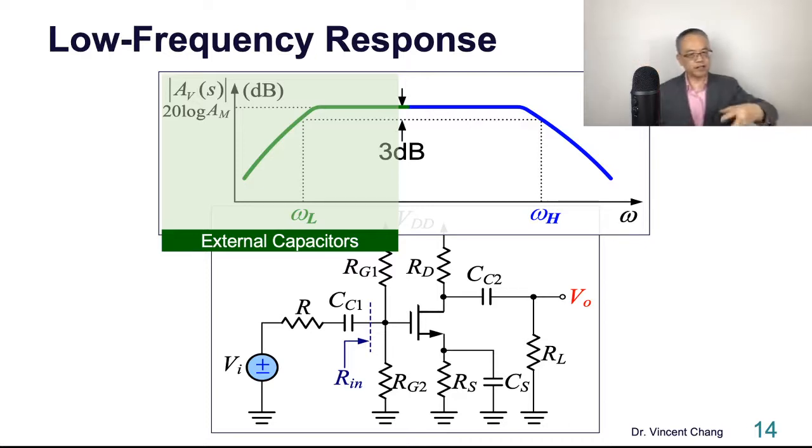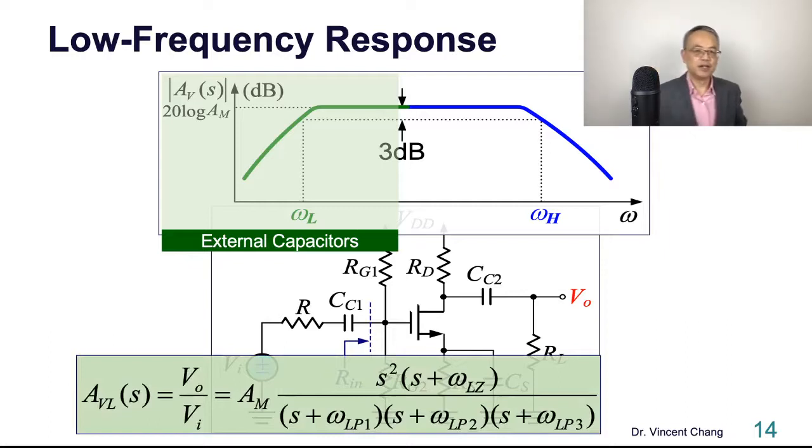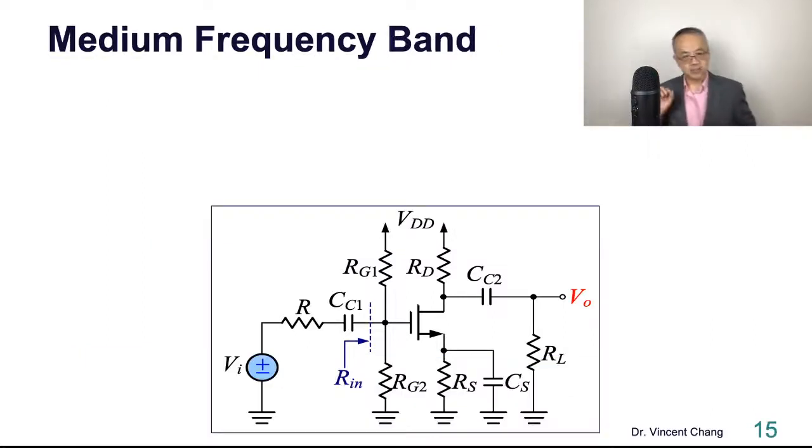When you dive into the circuit analysis, you're going to see a 3-pole transfer function, three poles in the denominator, and three zeros, 2 at DC and 1 at negative omega LZ, in the numerator. This is the transfer function derived in the low frequency domain. So it's the low frequency transfer function.